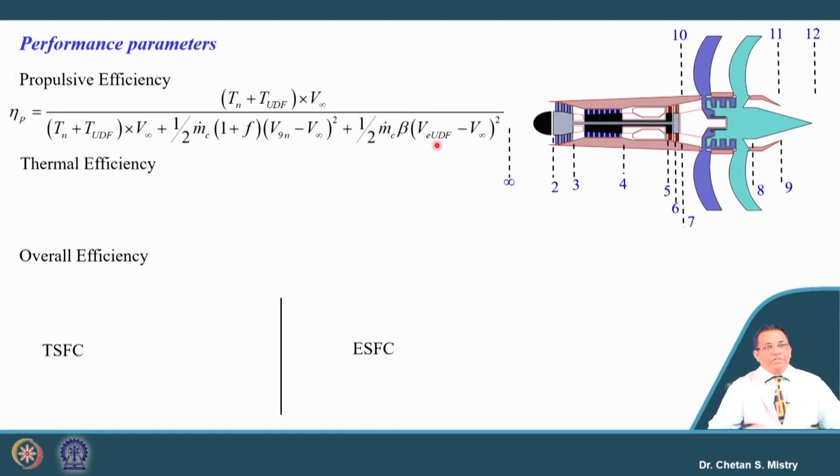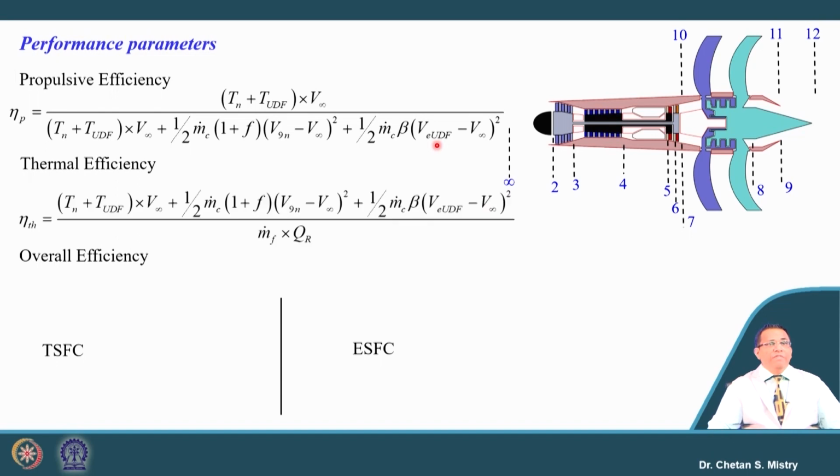Similarly, we have our next parameter, thermal efficiency. We can write this with the denominator of mf into qr, that is the calorific value, or the amount of heat input we are putting in.